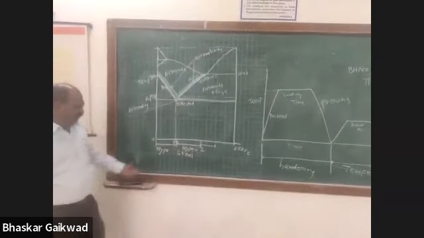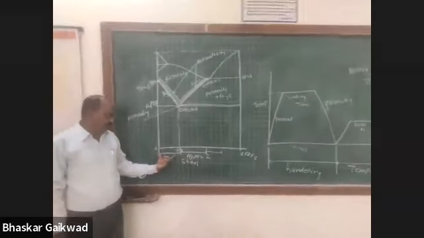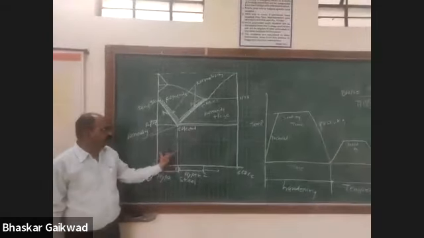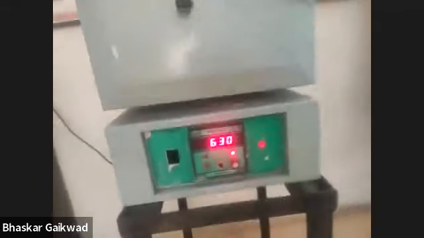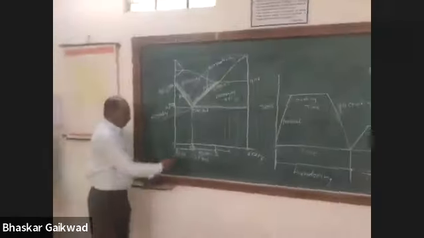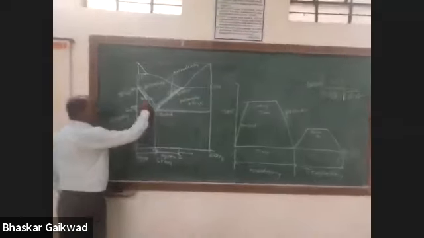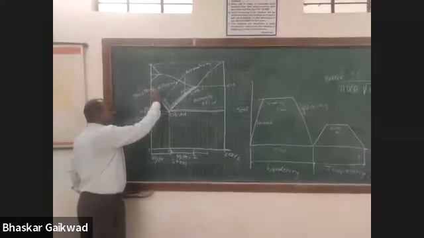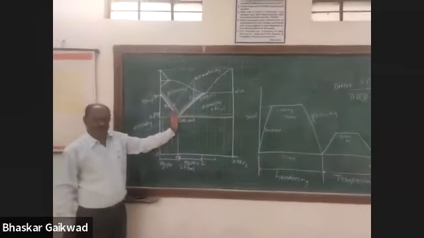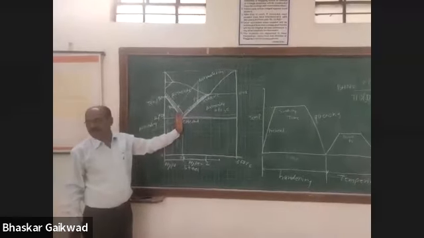Now for the annealing temperature for hypoeutectoid steel, you can heat that workpiece, which I already kept inside the furnace. That steel you have to heat above this A3 line. It will go on heating, and it should cross this A3 line by around 30 to 50 degrees centigrade.